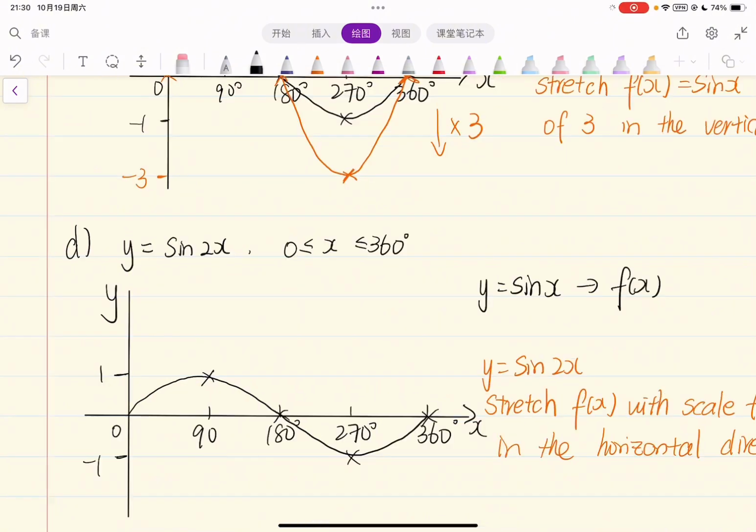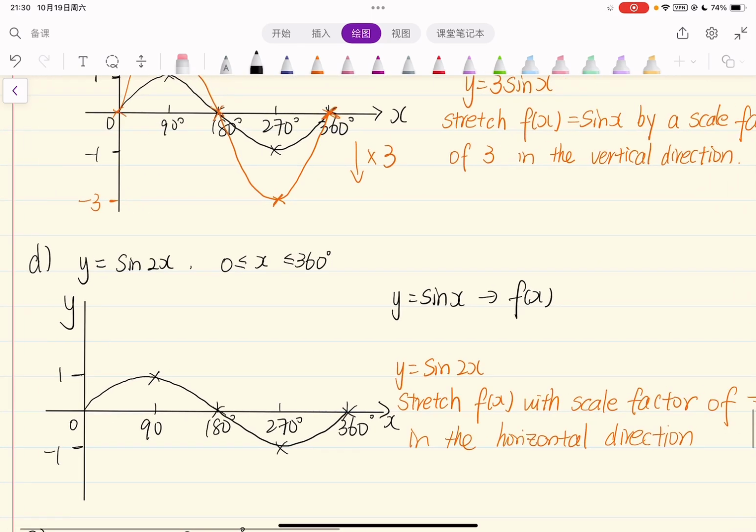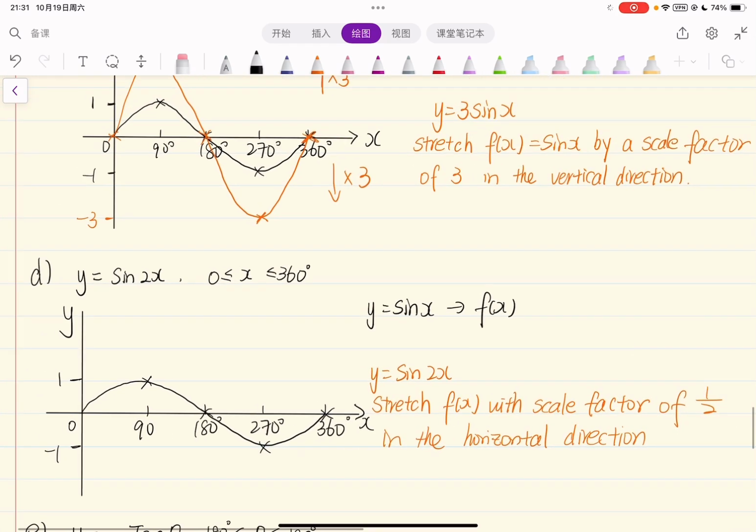Now, for y equals sine 2x, it means that you stretch f(x) with a scale factor of half in the horizontal direction.